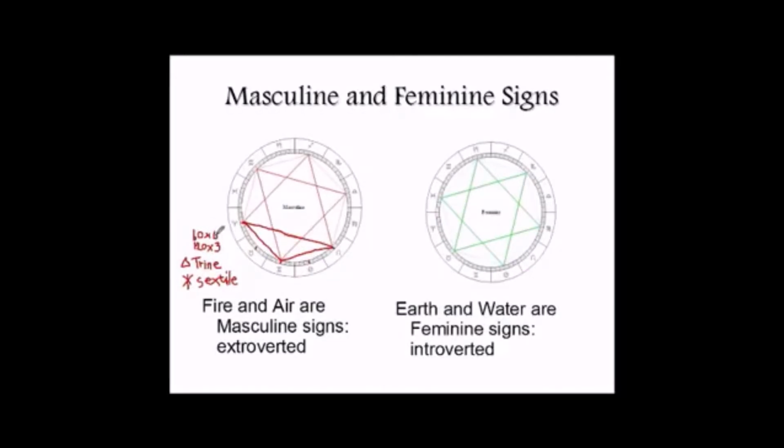So you can see here that these hexagons reflect both the 120 and the 60-degree angles. And so these two, the sextile and the trine, are like a family of aspects. A sextile is half a trine. They have similar qualities.